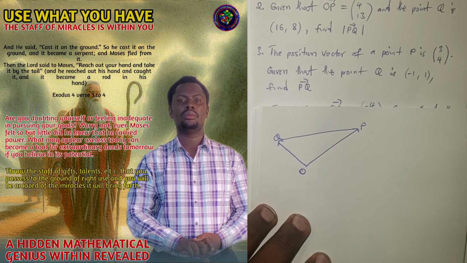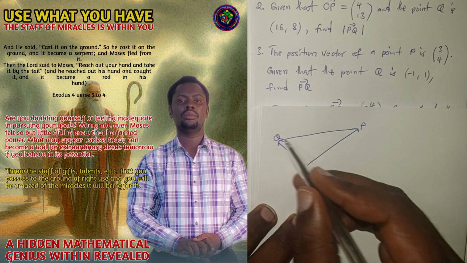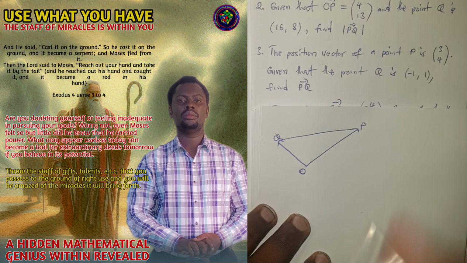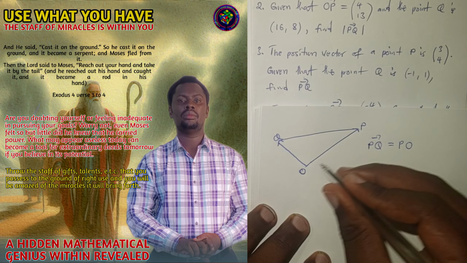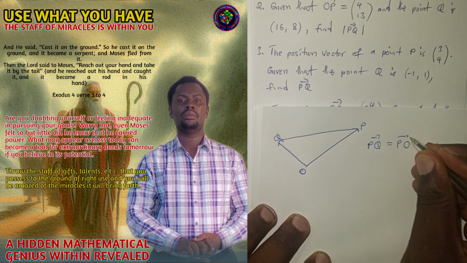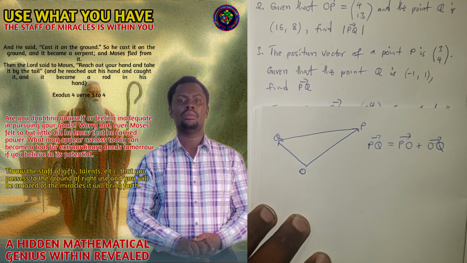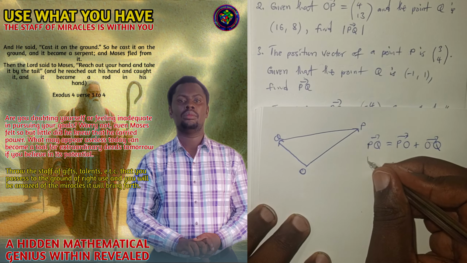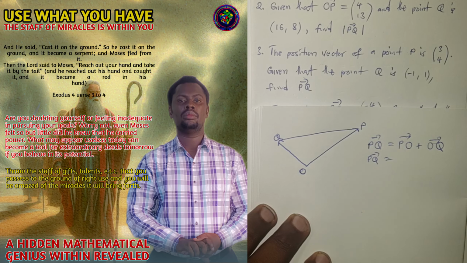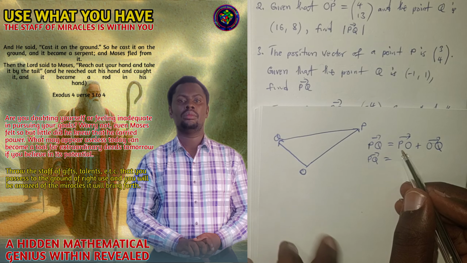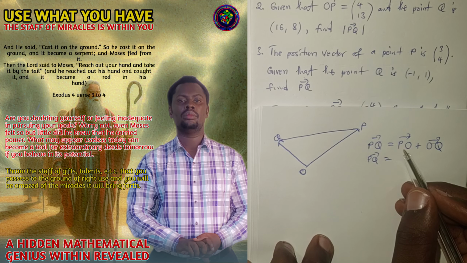What we should always remember is that you cannot get straight away from P to Q. We need to go back to O, then to Q. So PQ is equal to PO plus OQ.